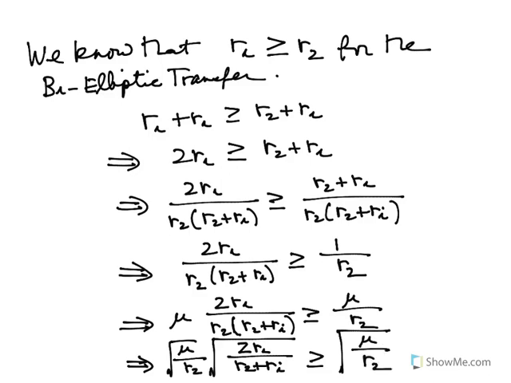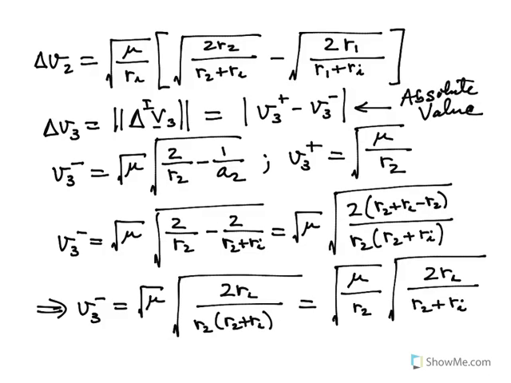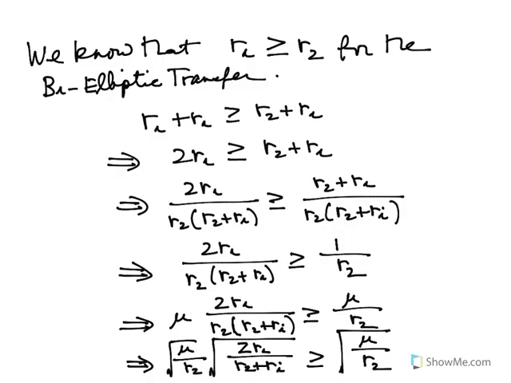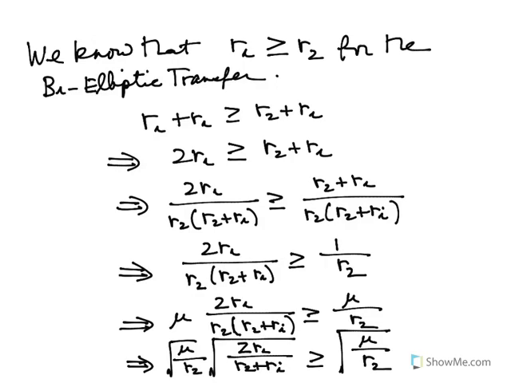Now, if you look at that last expression, you'll see that on the left-hand side, I have exactly V3 minus, and on the right-hand side, I have V3 plus. So therefore, V3 minus has to be bigger than or equal to V3 plus. So this is equal to V3 minus. I should write it this way.